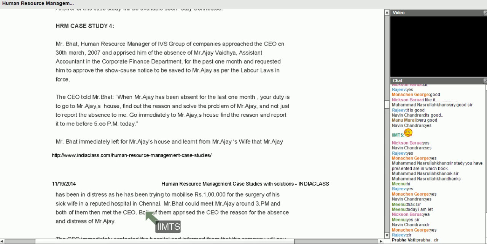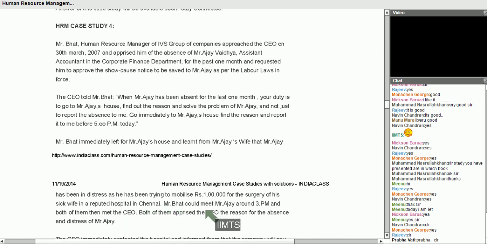So this is the main reason for his absence, that he is trying to manage rupees 1 lakh for the hospitalization charges of his ill wife in Chennai.